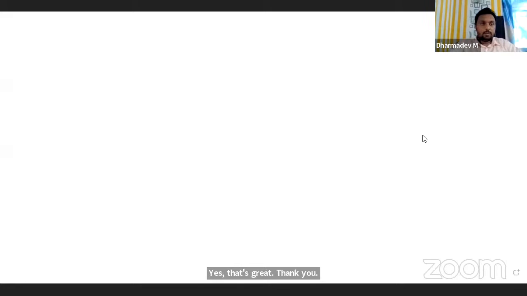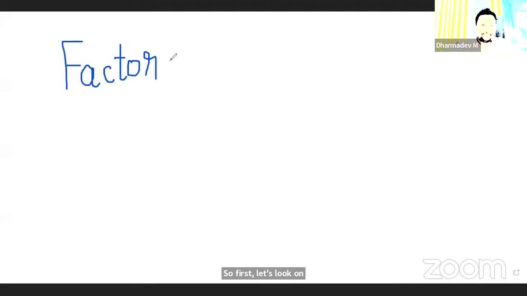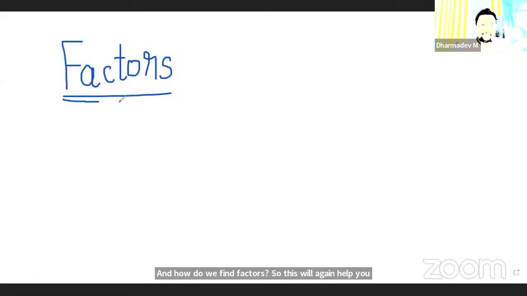So today you'll be doing factors and multiples. First, let's look at factors. What are factors and how do we find factors? This will help you out in the topics as you go on. This is just the beginning of knowing the numbers related to factors.